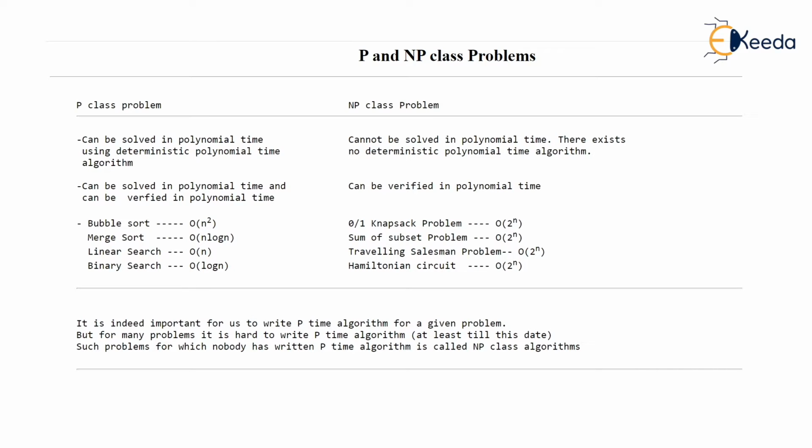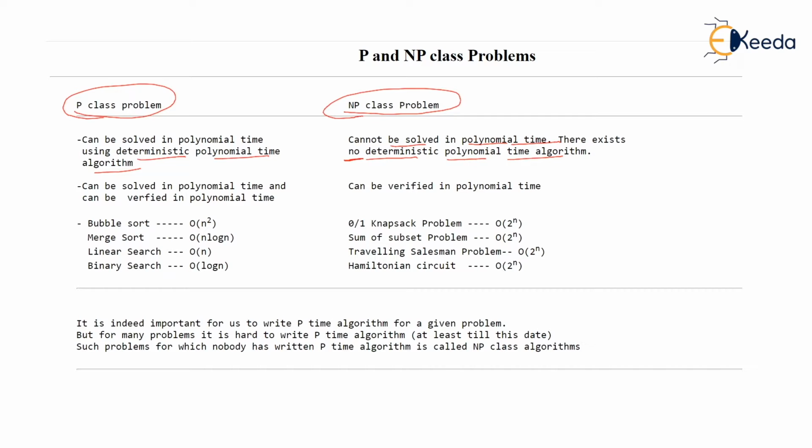That we should have a deterministic polynomial time algorithm to solve a problem, then that problem will be a P class problem. Now, what do you mean by NP class problem? NP class problem cannot be solved in polynomial time. I mean, there exists no deterministic polynomial time algorithm. Absolutely.